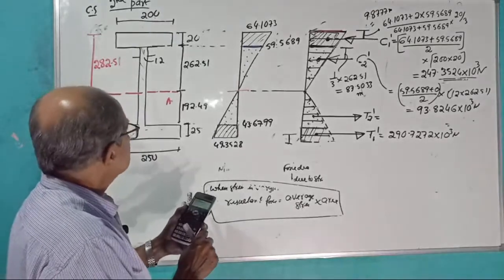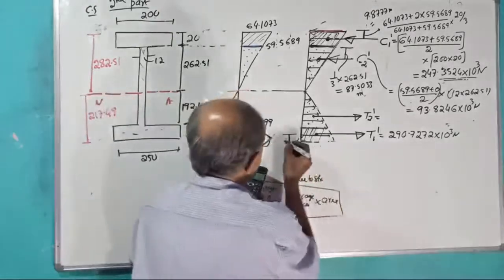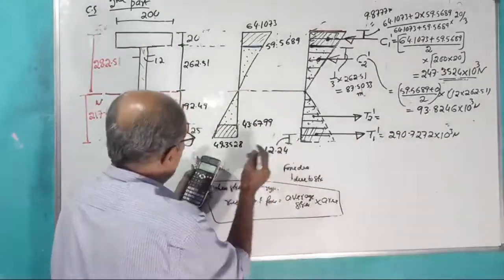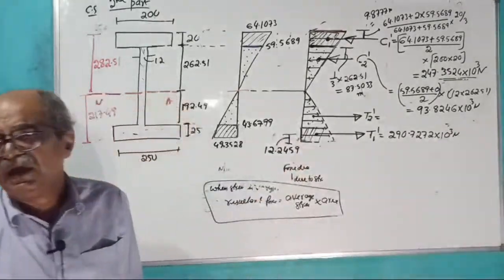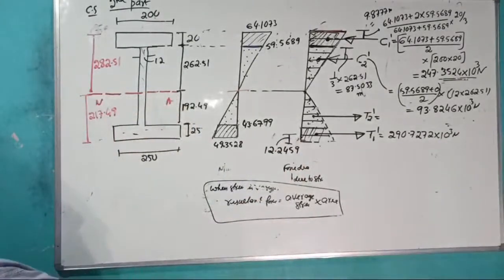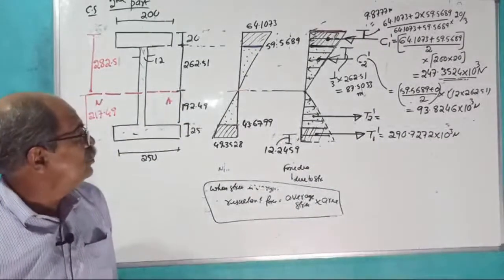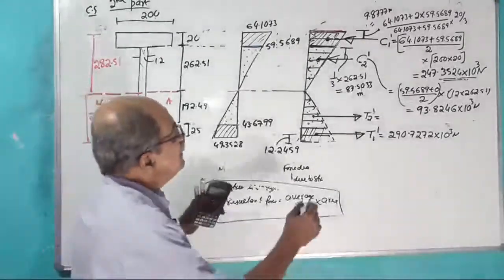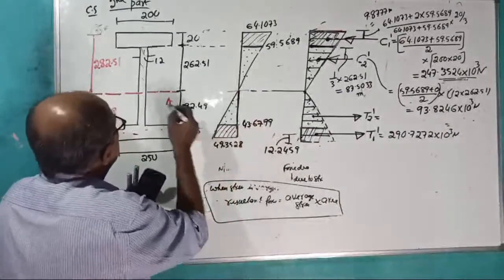It should give slightly less than 12.5. 12.24 this distance. 12.2459 millimeter. Correct? Anybody got it? 12.2459. Anyone got? Fast, tell me. Yes.